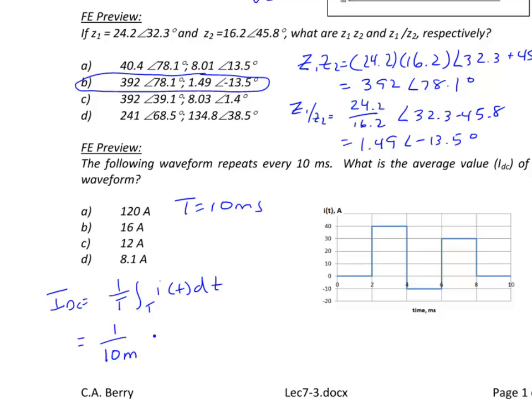We're going to have 1 over 10 milli times the area of this first term here, which would be 2 milli times 40, minus the area of this second rectangle, 2 milli times 10, plus the area of this third rectangle, which is 2 milli times 30.